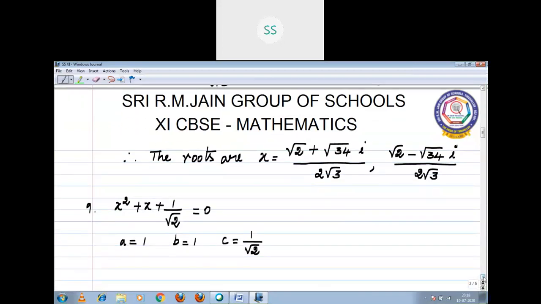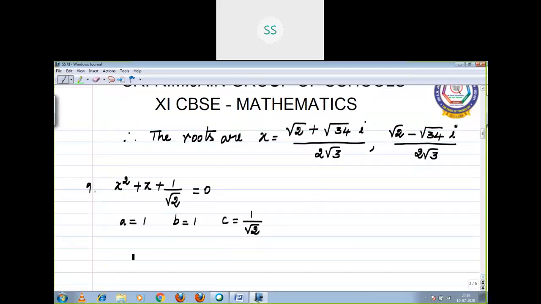Now, D is equal to B square minus 4AC. D is equal to 1 square minus 4 into 1 into 1 by root 2.